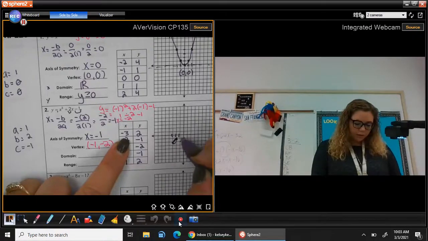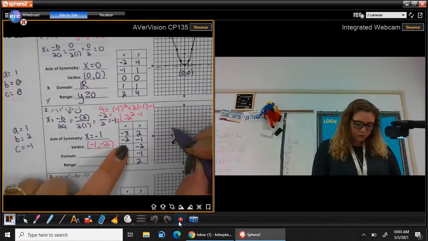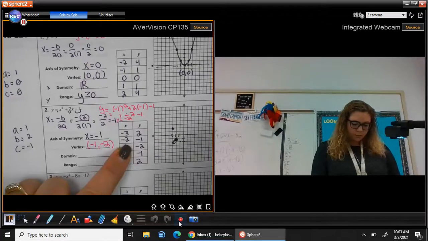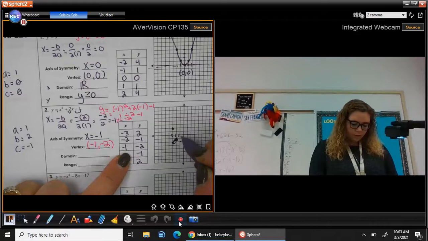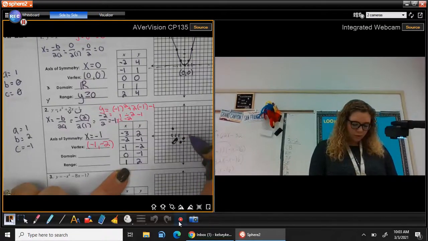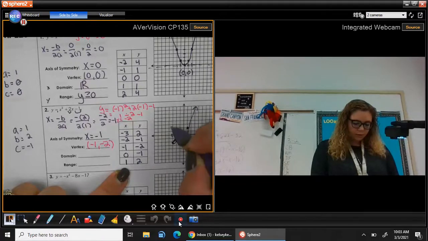Okay, so negative 3, 2. Negative 2, negative 1. Negative 1, negative 2. 0, negative 1. And then 1, 2. And it's not the prettiest, but you get it.